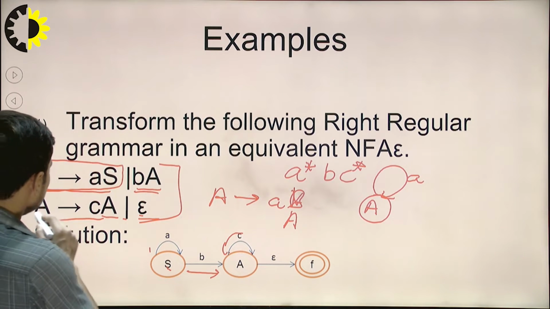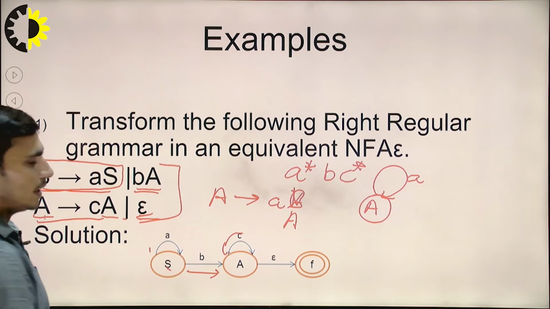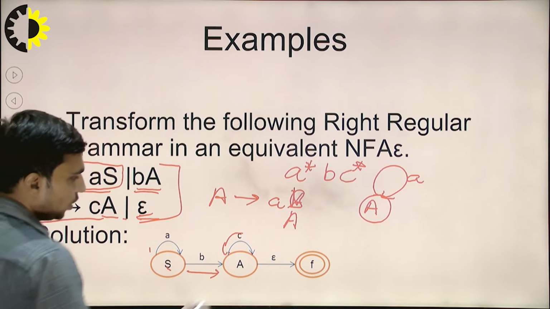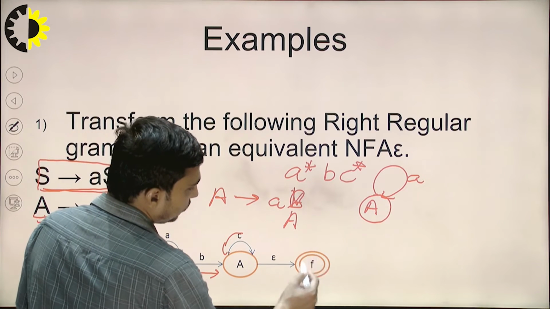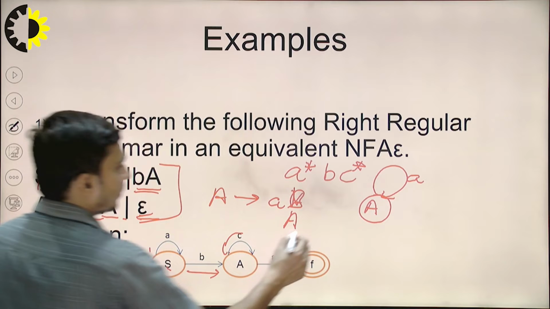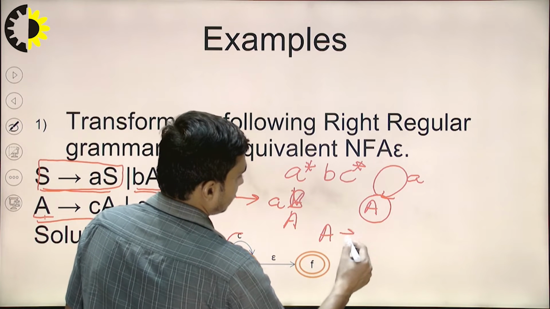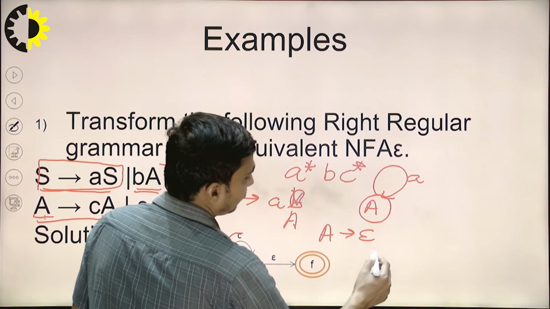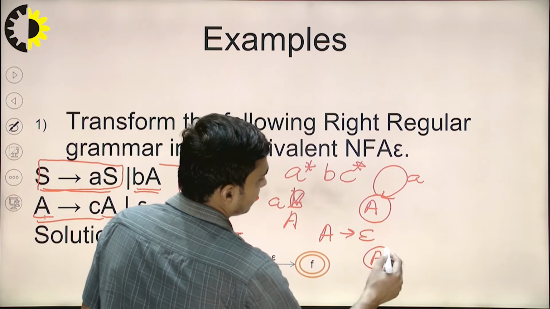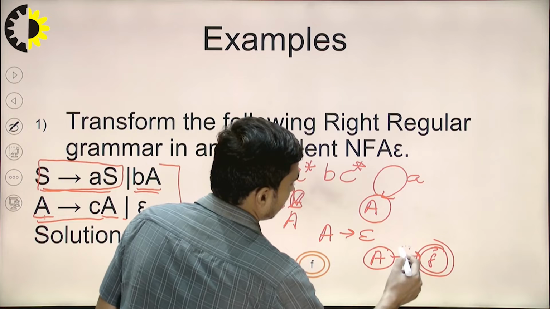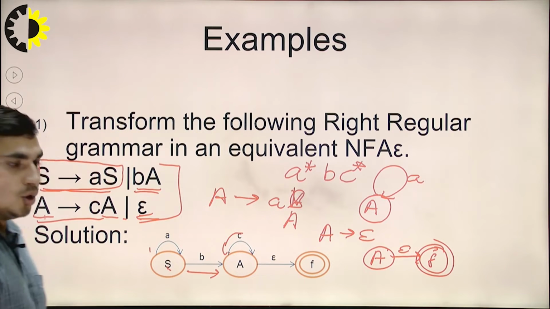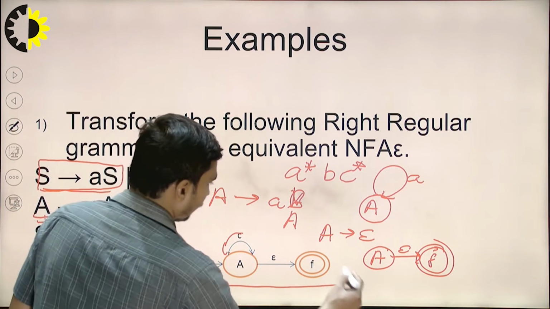Then we have the rule A produces epsilon. If A produces epsilon, we reach the final state. As we discussed in the previous slide, for such rules we draw a transition from A to the final state F with epsilon. So that will be our NFA.